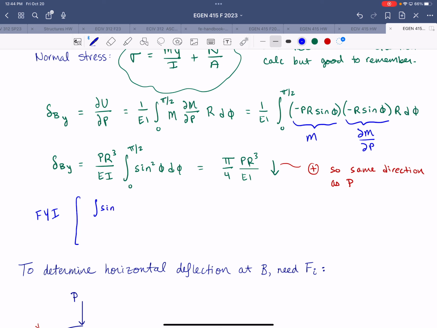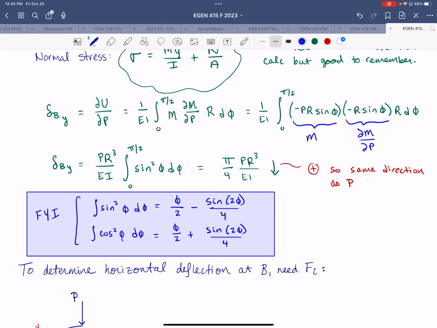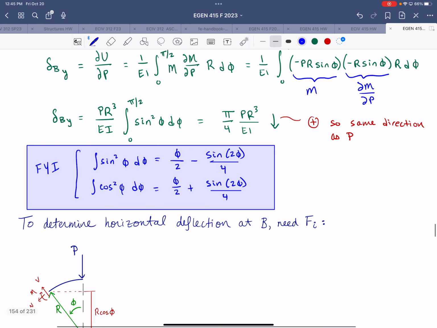The integral of sine squared phi is phi over 2 minus sine of 2 phi over 4, and the integral of cosine squared is equal to phi over 2 plus sine of 2 phi over 4. All those fun math things.